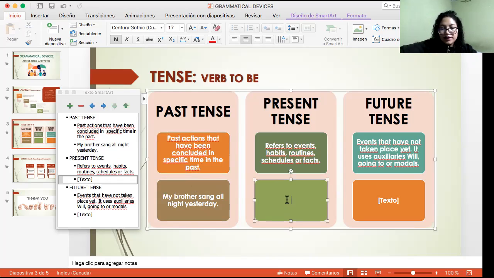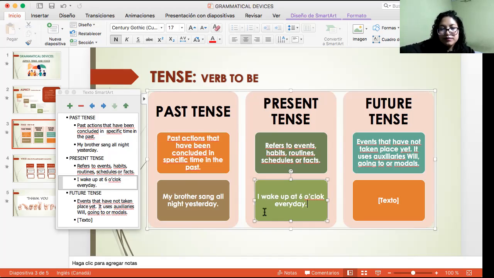An example can be, I wake up at 6 o'clock every day. I wake up. This is in the present.